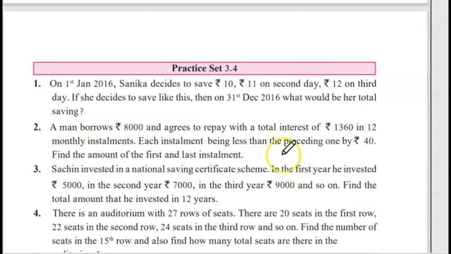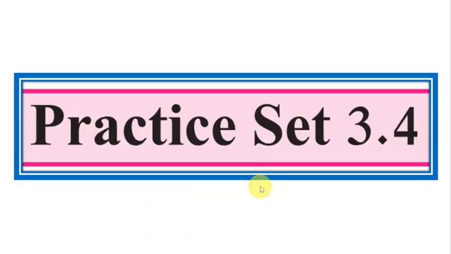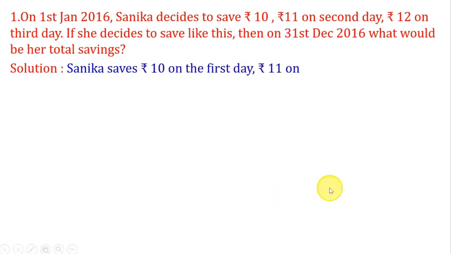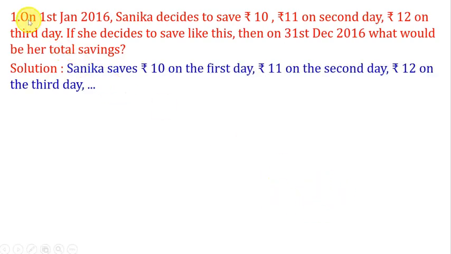Now we will start practice set 3.4. First example. On 1st January 2016, Sanika decides to save rupees 10, rupees 11 on second day, rupees 12 on third day.